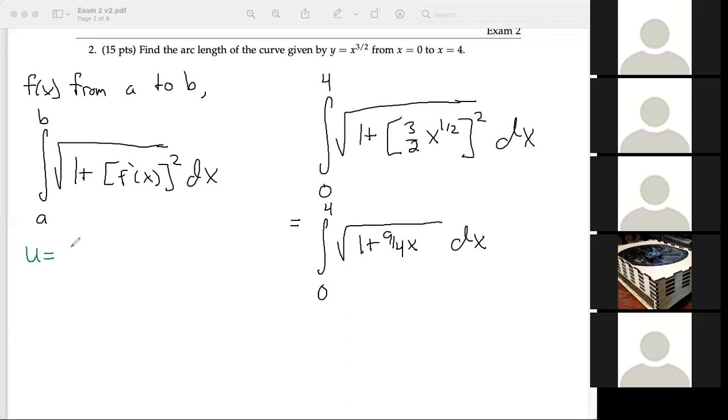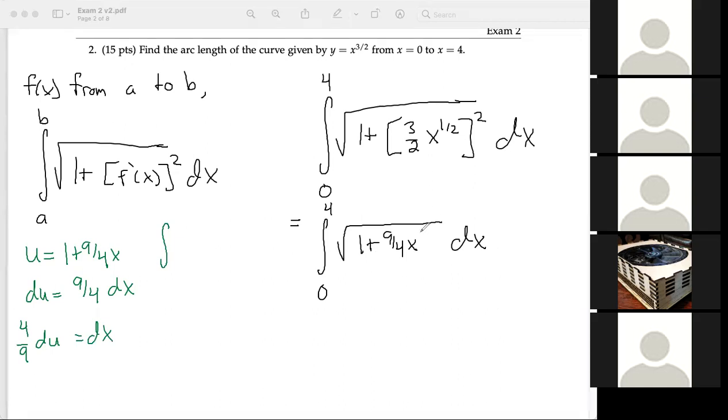So u is the entire inside, and this is what we want because its derivative is just going to be a constant, and that'll be easy to manipulate with u substitution. So the derivative is just the 9/4. We have the dx in here, so we multiply by 4/9, or divide by the 9/4, to get just dx on one side.